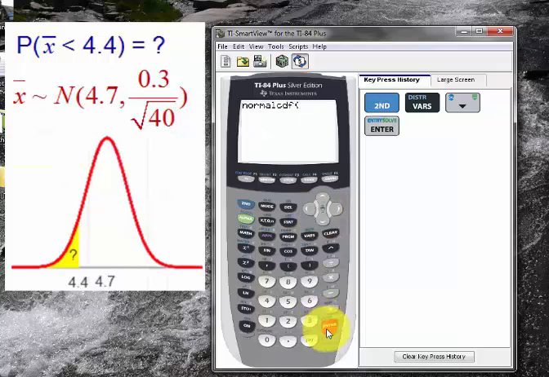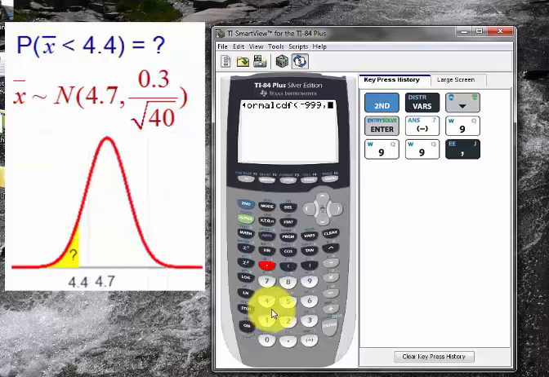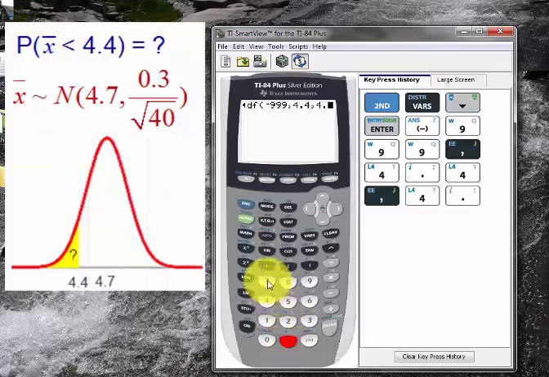We wanted to find the probability that x bar is less than 4.4. So that means the left-hand side is negative infinity. Remember, we use negative 999, which will be good enough, comma 4.4, so the low then the high, then comma, the mean was 4.7, comma, and the standard deviation was 0.3 over the square root of 40.